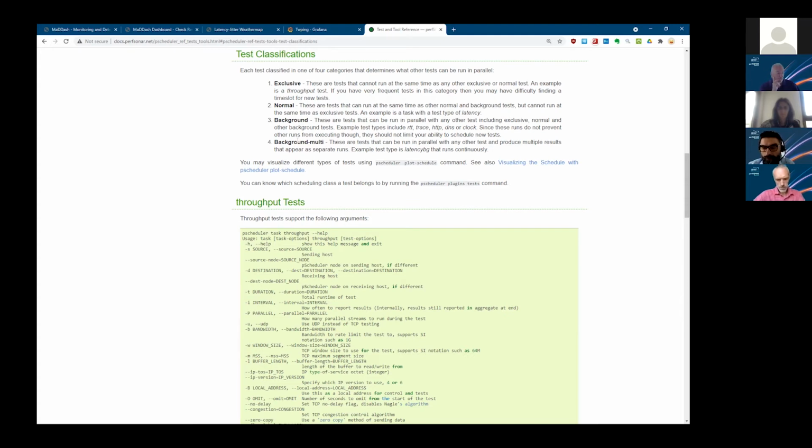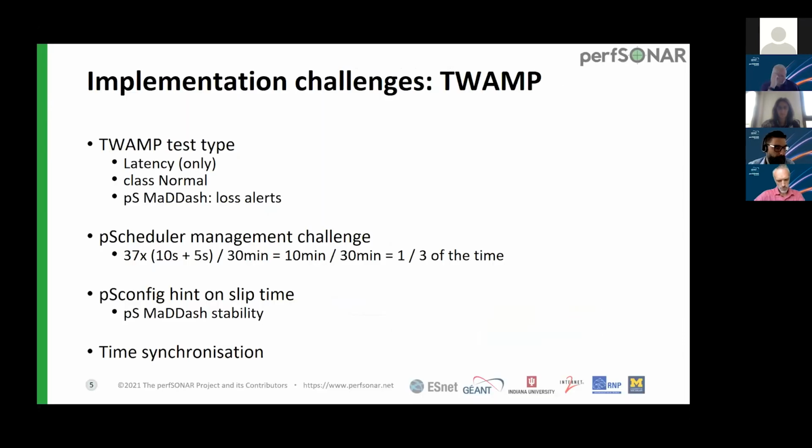And actually, here lies the first challenge with TWAMP, because these are latency only measurements. Having latency only measurements against 37 routers kind of saturates the schedule of the perfSONAR node.